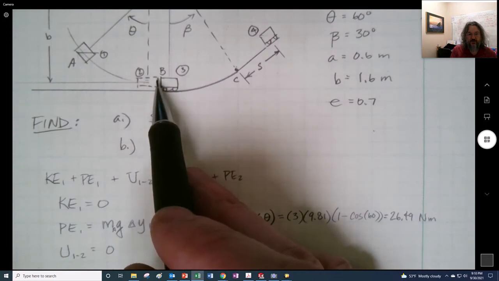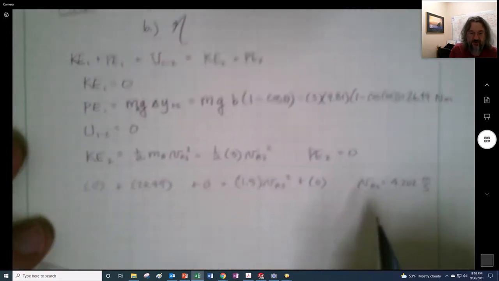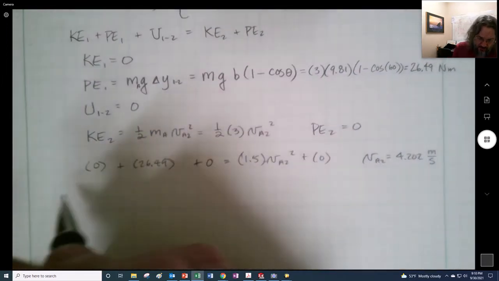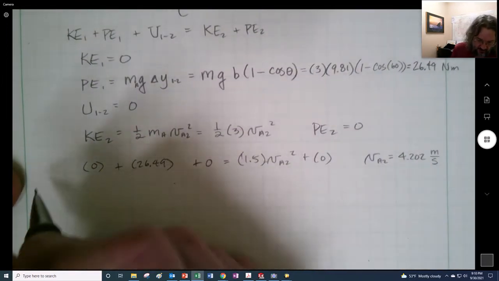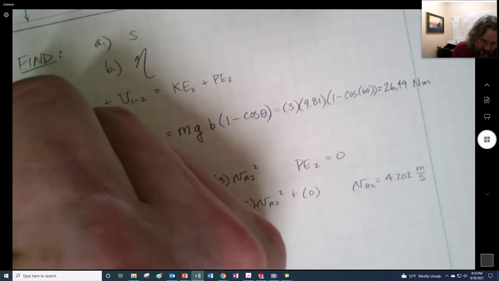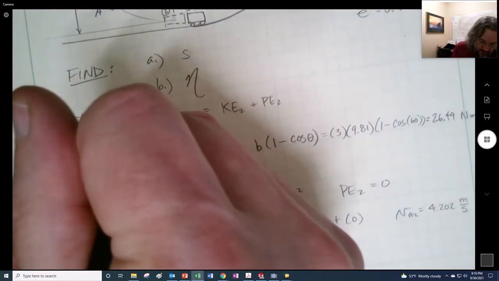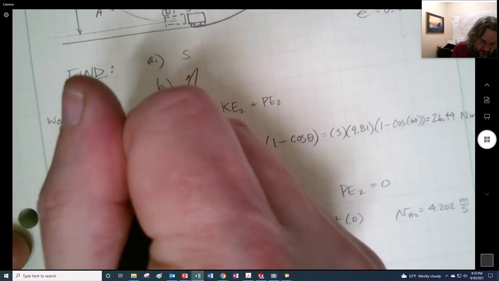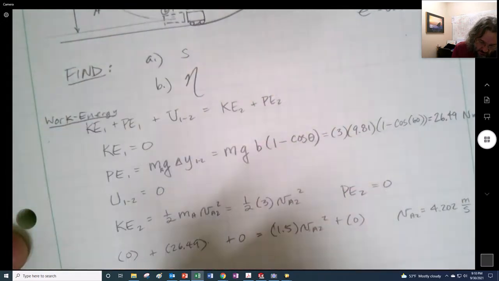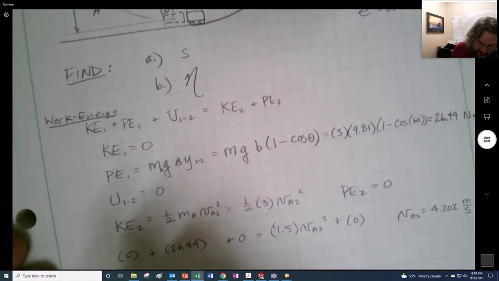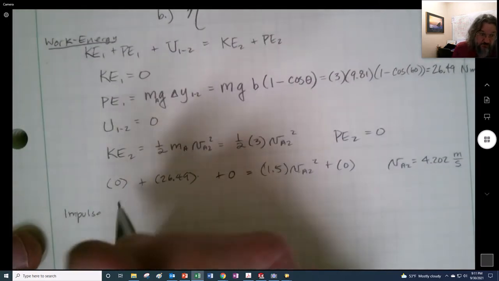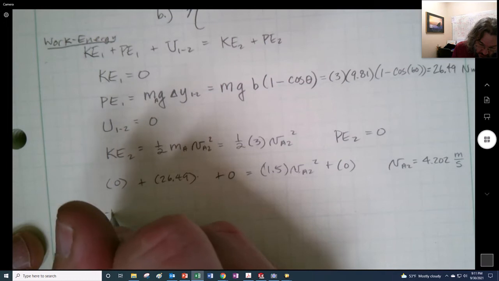Now between these 2 points we have an impulse momentum problem, between states 2 and 3. Let's write out a little of what we were doing here. Here's the work energy. Now we're going to do the impulse momentum.